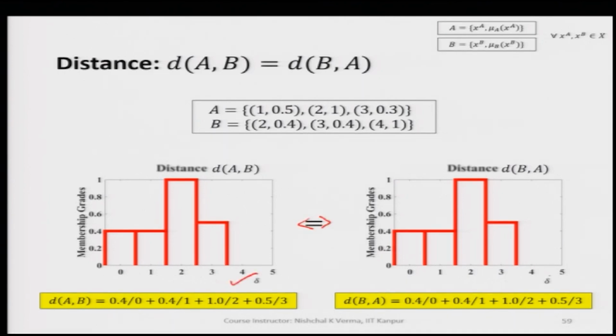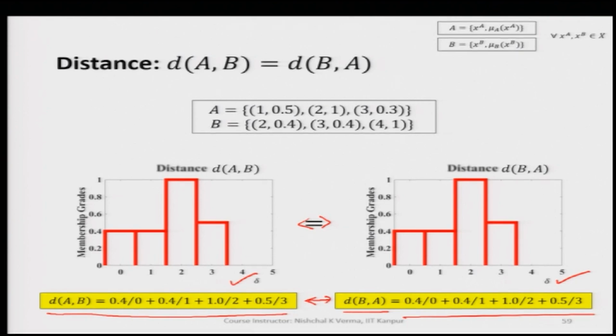If we plot, or even from the values, we see that d A comma B is the same as d B comma A. So, this way we have verified that d of A comma B is equal to d of B comma A. This means that the distance between fuzzy sets A and B is exactly the same as the distance between fuzzy sets B and A.